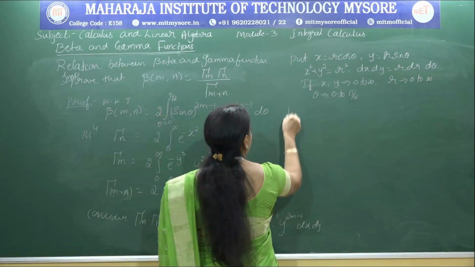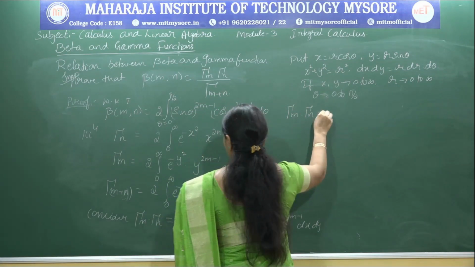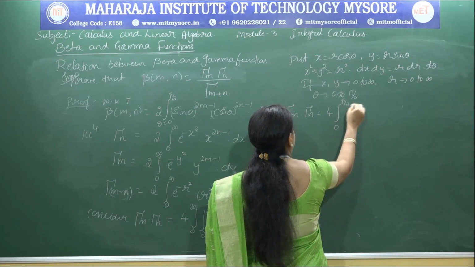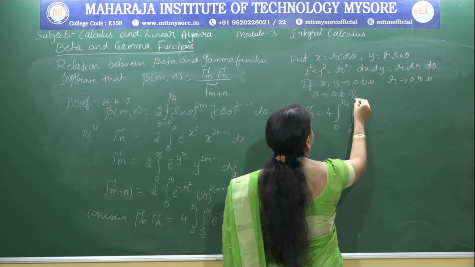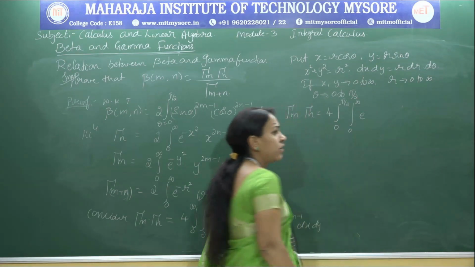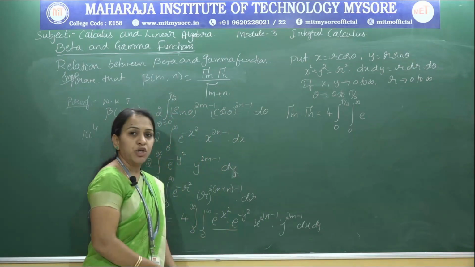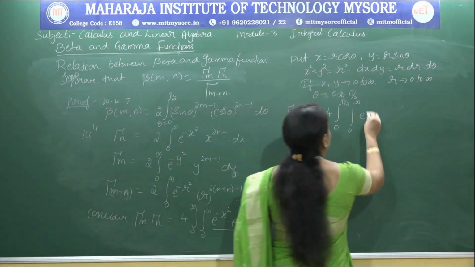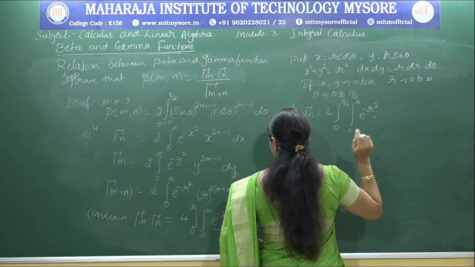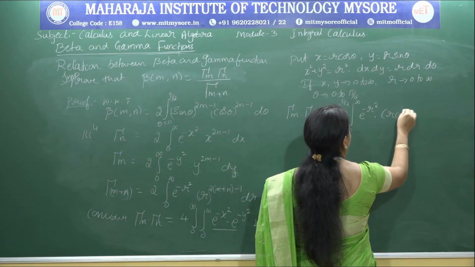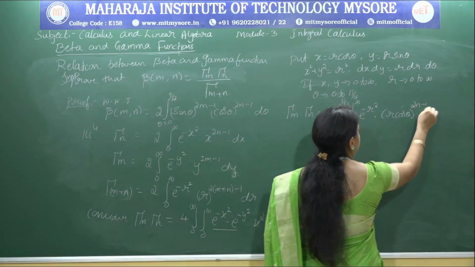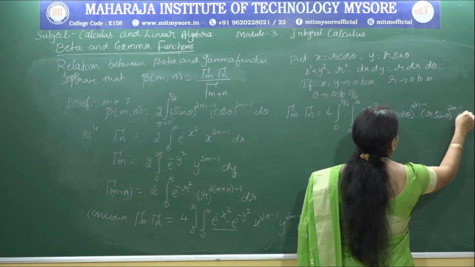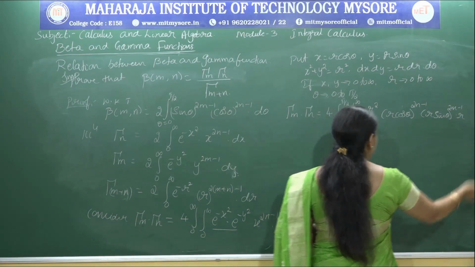So that we remain with gamma m into gamma n is equal to 4 times of integral 0 to pi by 2. I write first limit as theta limit, then 0 to infinity e to the power of, I can add the powers of exponential term, that is I can take out minus common, so that x square plus y square we have, that can be replaced by minus r square into x is nothing but r cos theta whole to the power of 2n minus 1, r sin theta whole to the power of 2m minus 1 into r dr d theta.